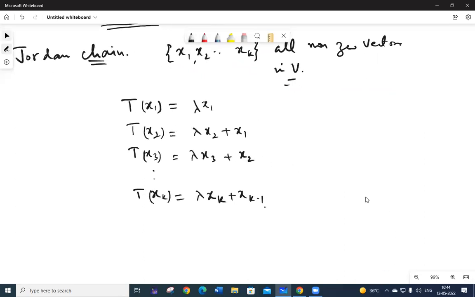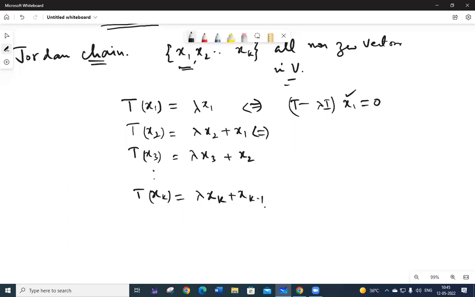If this is the collection of vectors satisfying this condition, let us look at the equivalence. T minus lambda I of x1 is 0, that means x1 is an eigenvector.